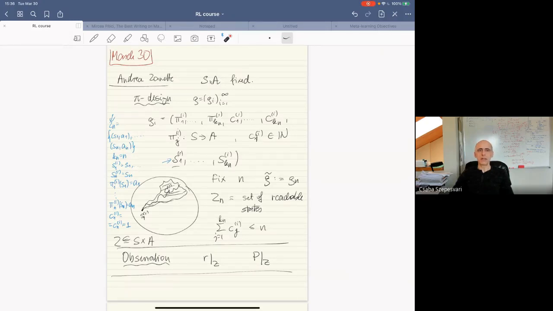The idea is to be really, really permissive with these designs. So if you have a pi design, the information that you get by running it for a given sample size on some MDP is going to be all those state action pairs that you can obtain by starting one of these policies. Let's say the first one, you start from the corresponding initial state, and you follow it for the corresponding number of steps, and whatever state action pairs you encounter along the way, you collect all of that.